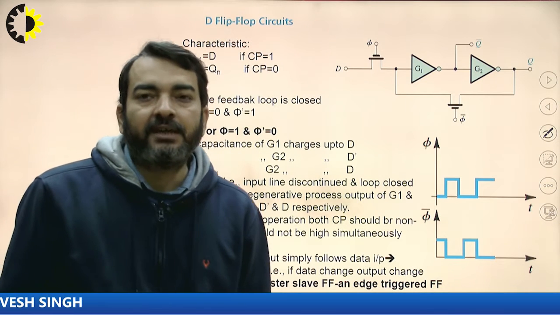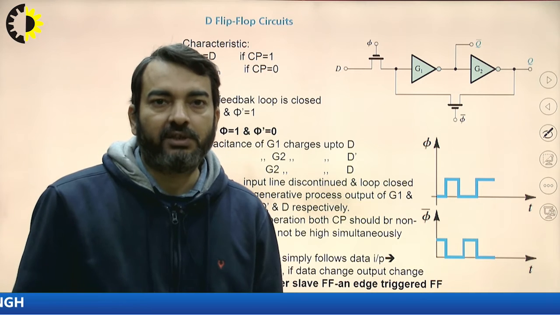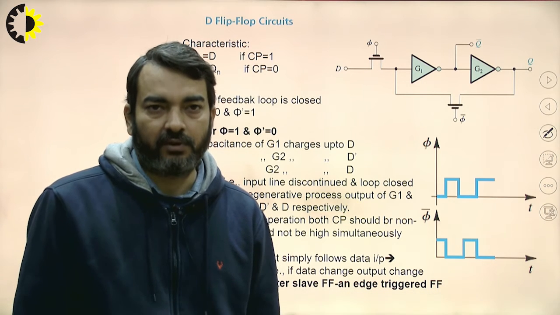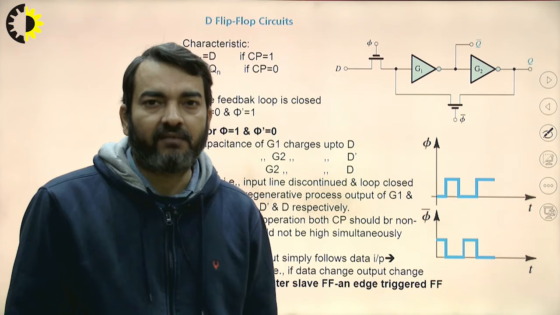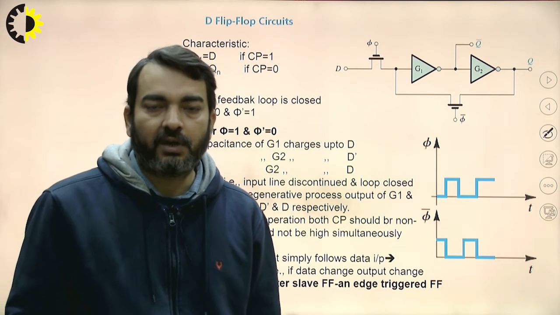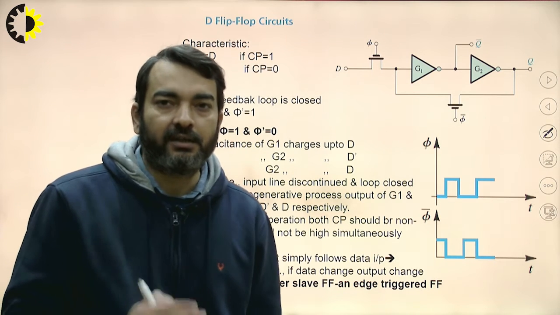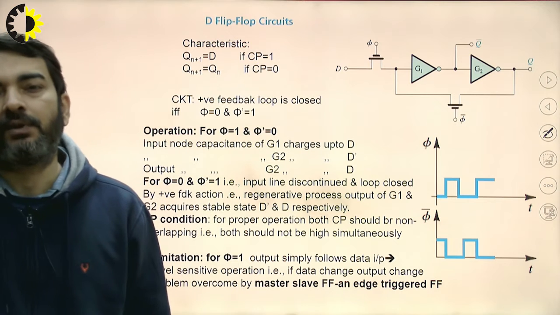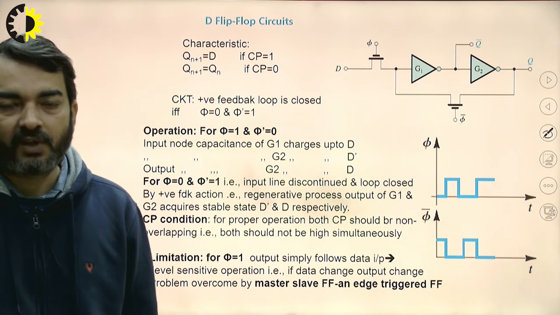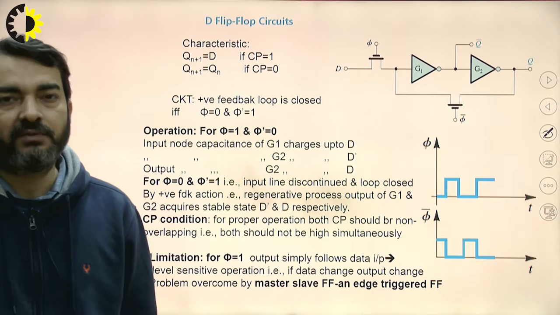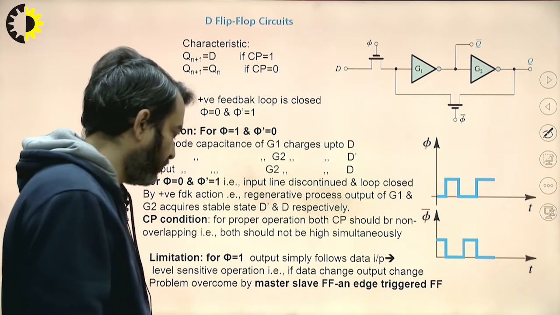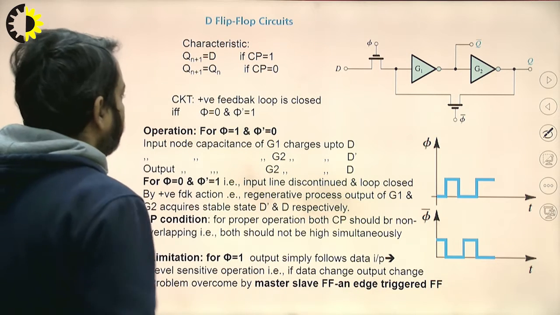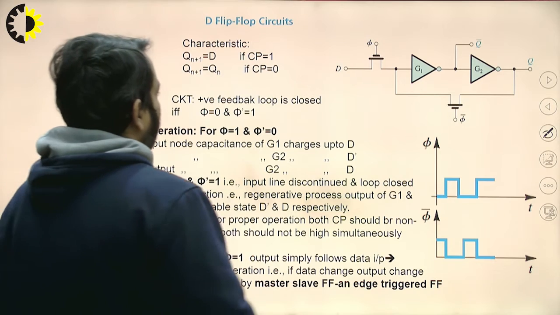Now we will see the D flip-flop. D is the delay flip-flop. Whenever we apply the clock, whatever data is given at the input, the same data will be forwarded at the output. Whenever we say output, we are talking about the normal output.